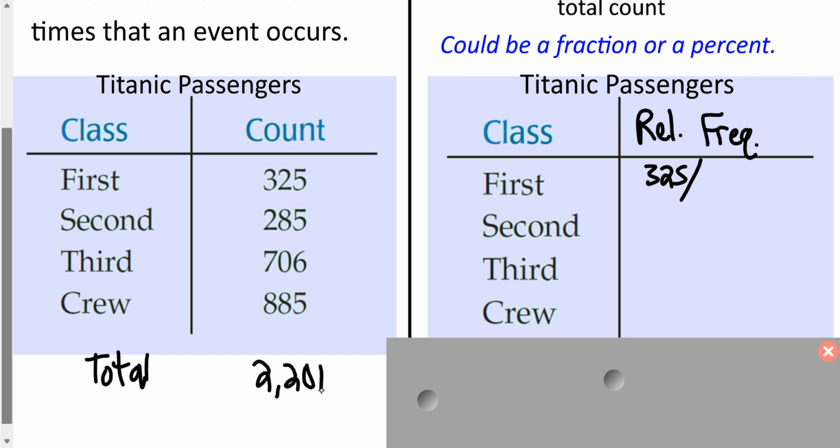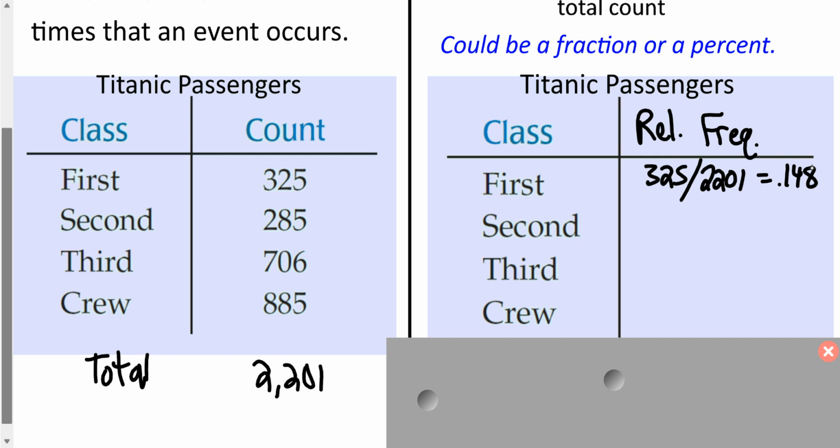So 325 out of that 2,201 gets me, I'm not going to reduce the fraction, I'm just going to divide it out and get what we'll call a proportion, which is the same as the decimal version, which could also be changed to a percent. I'll round it to 0.148. Okay, so 14.8 percent of the people on the ship were in first class.